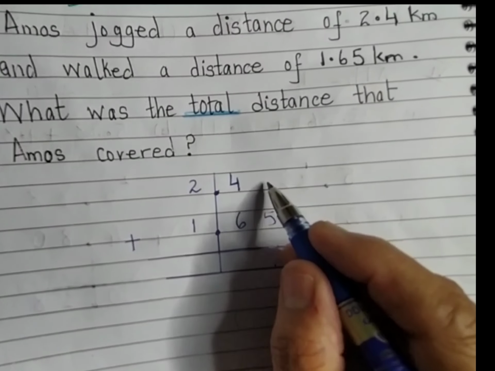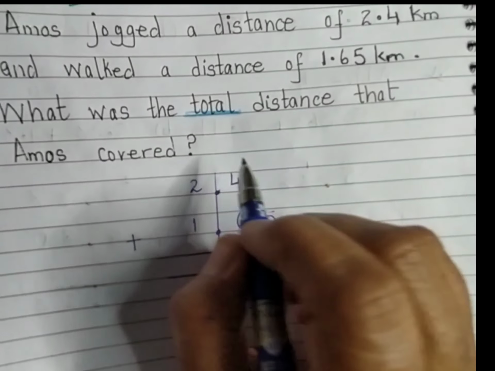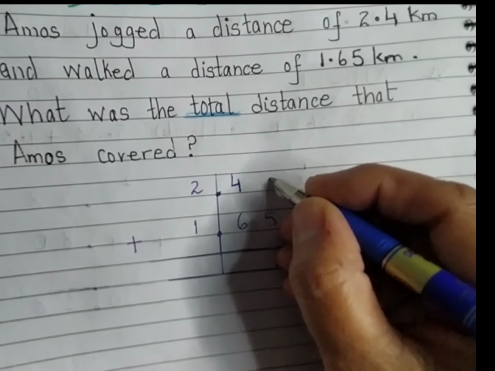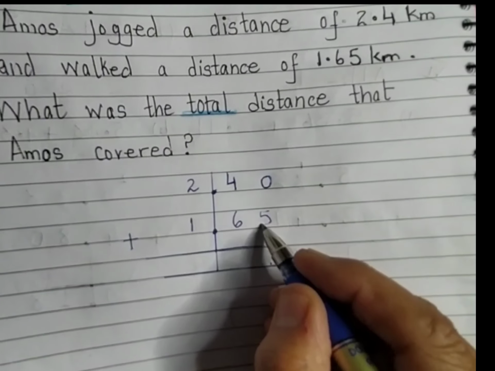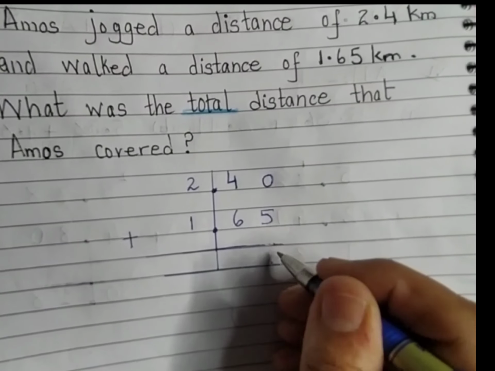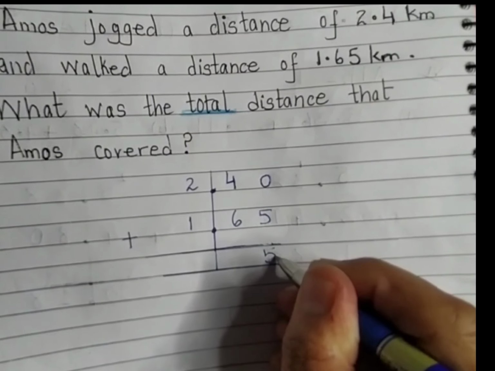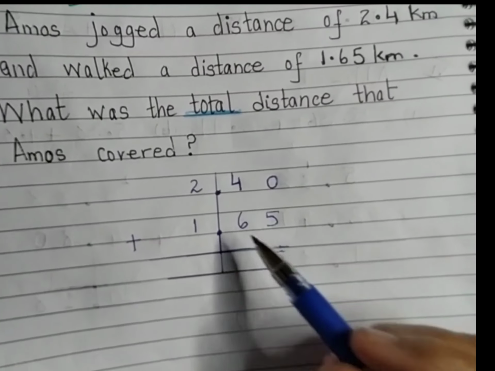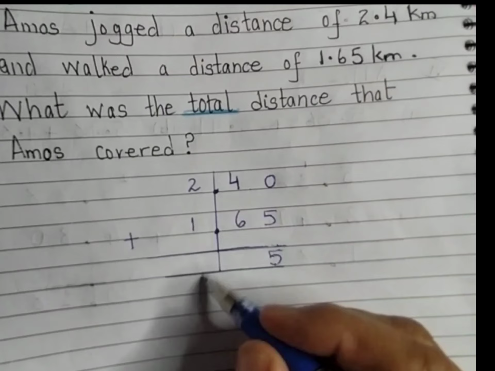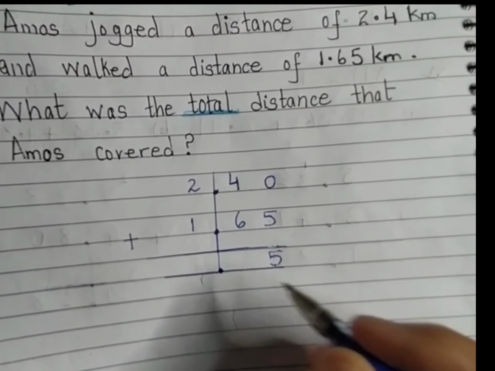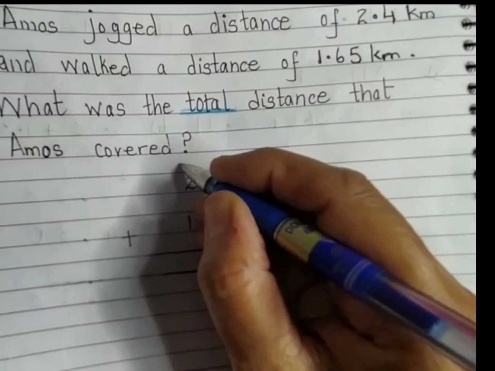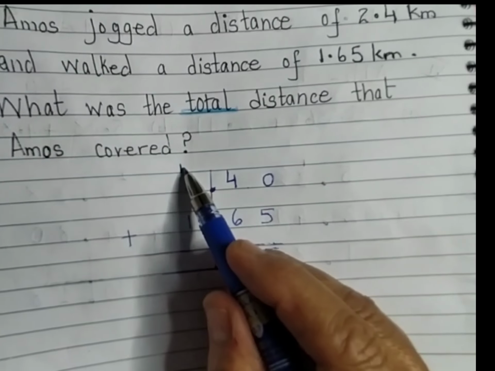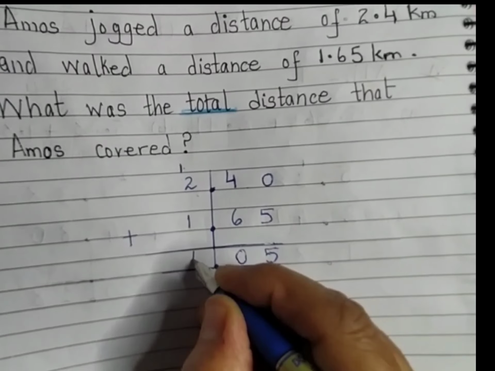If there's nothing here, what should you write here? You're going to write down a 0 there. Fill in that gap. 0 plus 5 is giving you what? It gives you 5. But if you add 6 plus 4, it gives you what, children? 10. So we're going to write down a 0 here, and now 1 goes up. 2 plus 1 is 3, and 3 plus 1 is 4.